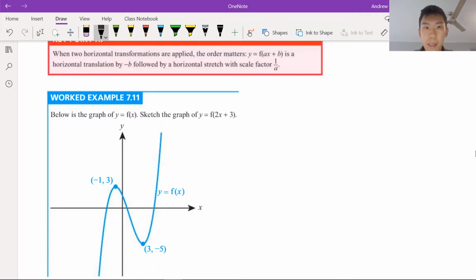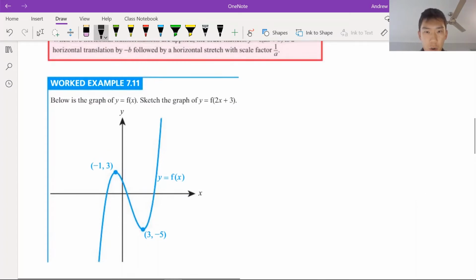All right, so that means if we see plus b, it's going to the left, and if we see minus b, it's going to the right. And then let's do that first, and then we apply a horizontal stretch factor, so like thinner or wider horizontally, with a scale factor of 1 over a.